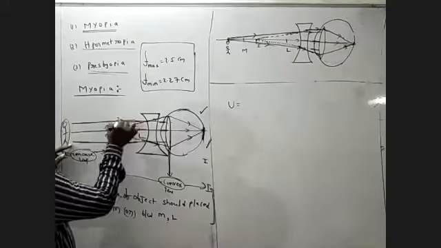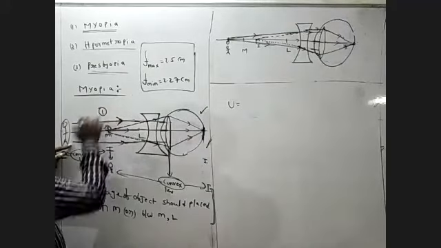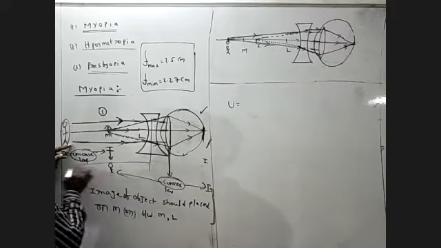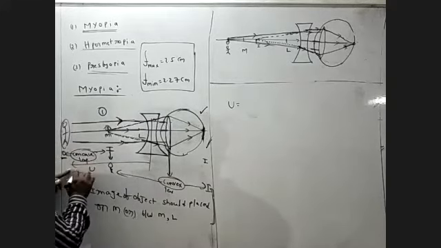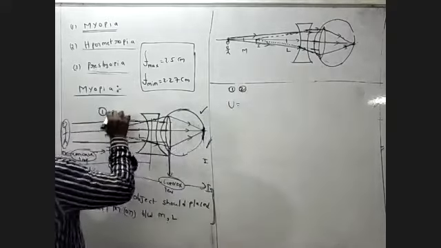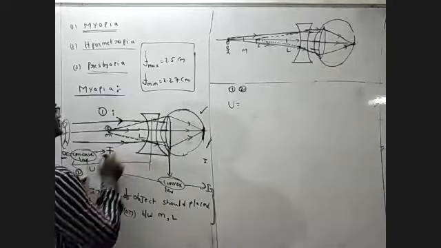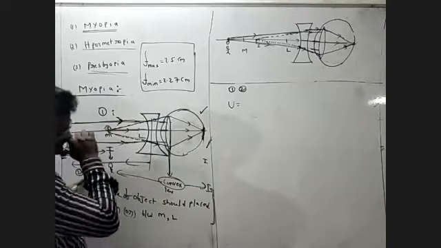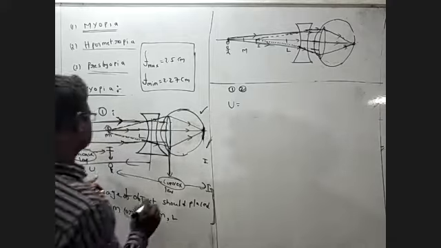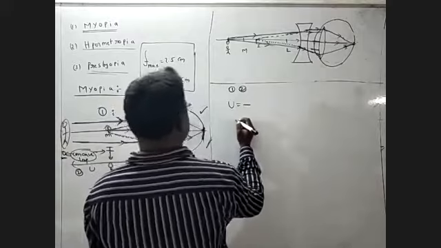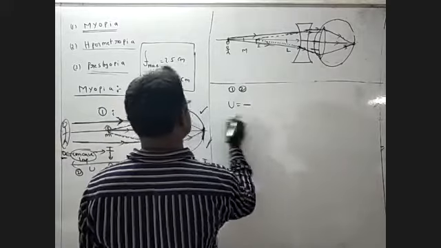This is incident ray number one, and the object distance from here to here is number two, so this is u. One means the direction of the incident ray, and two means the direction of the object distance. Both are in opposite directions, so it is minus. So u is equal to minus.